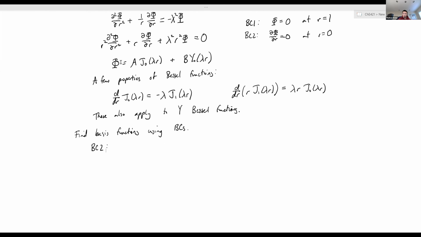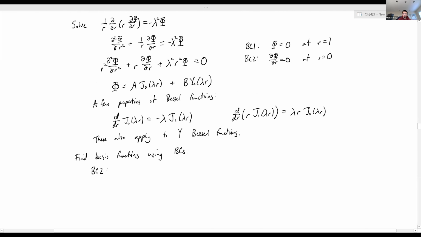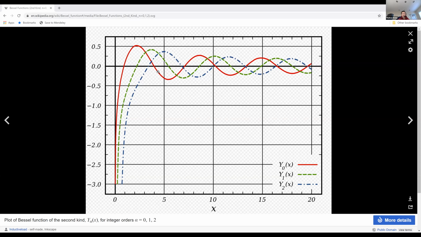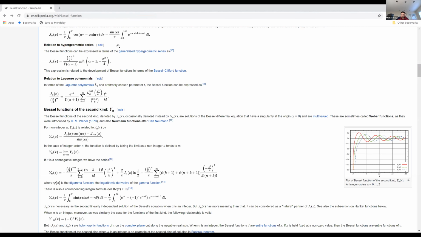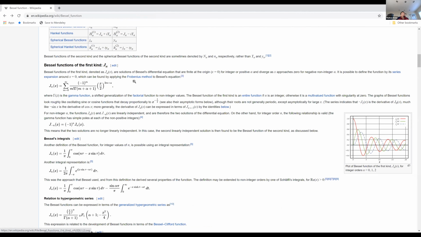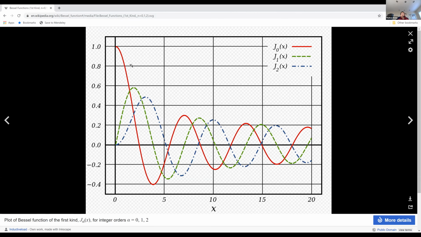If we know that our general solution is a times J0 plus b times Y0, then let me switch again to that other screen. This is what Y0 looks like in red, and what J0 looks like in red is like this. Only one of these is actually finite at r equals 0, so the term in front of the other has to be equal to 0.